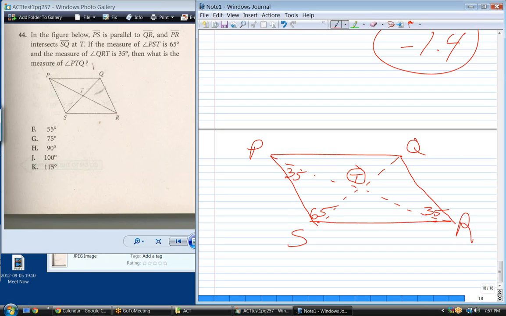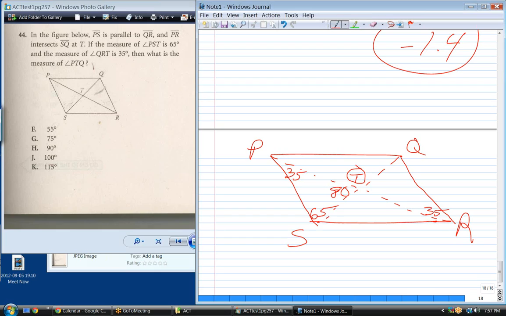Which means that 35 plus 65 is 100, which means that angle PTS has to be 100. Not 100. They have to add to 180. Oh, 80. Yeah. Okay.